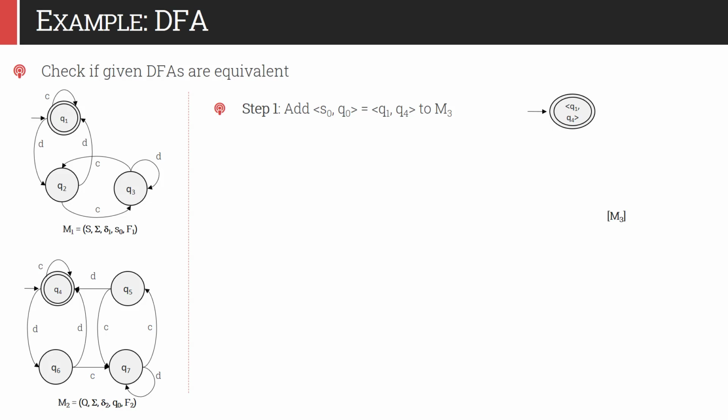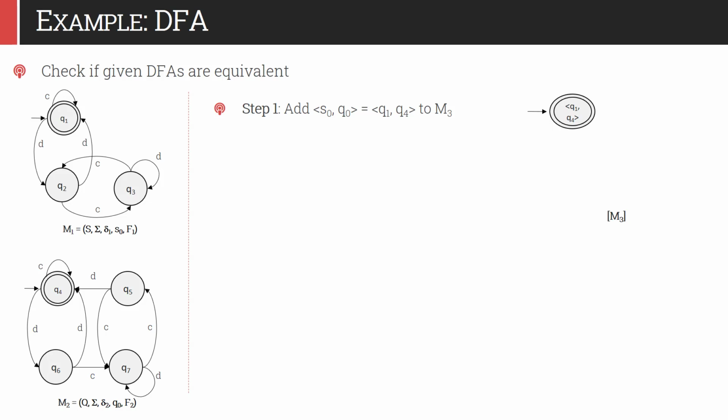So we add Q1, Q4 into machine M3, and as we can see, Q1 is a final state and Q4 is also a final state. So this combined state Q1, Q4 is also a final state. If one of the states in this combined machine is final in the original DFA, then we have to make that combined state final in M3.